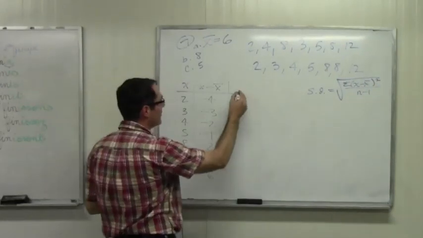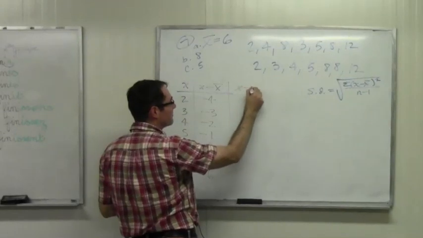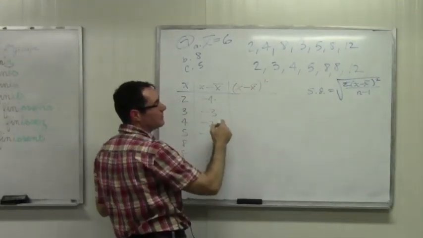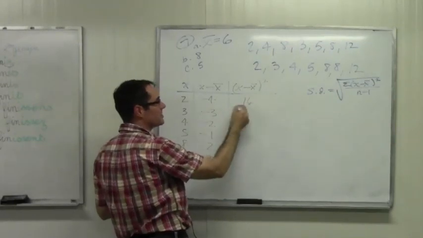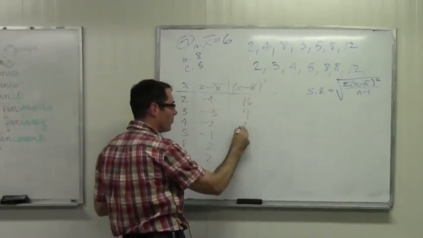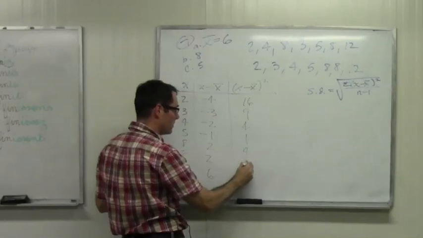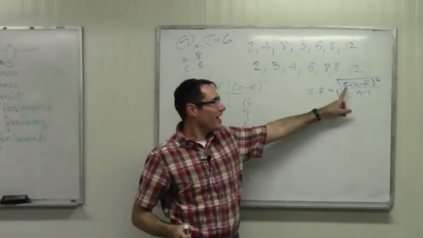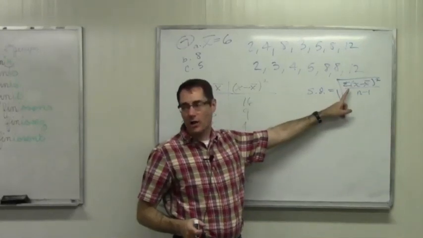Square them all. So I want another column here of x minus x bar squared. Negative 4 squared, 16. Negative 3 squared, 9. 4, 1, 4, 4, and 36. That little symbol means add them all up.